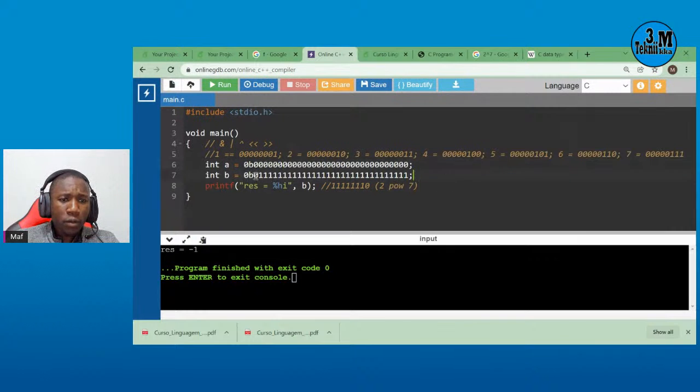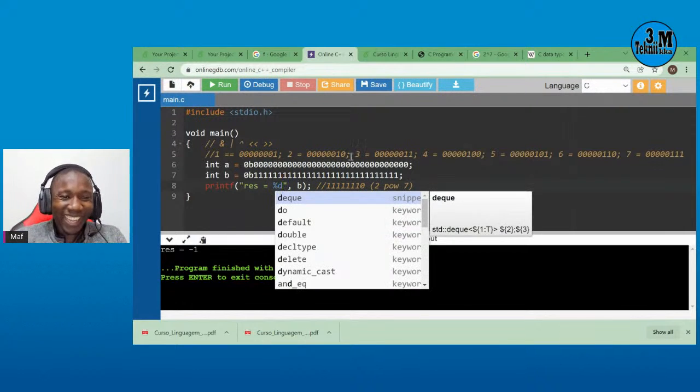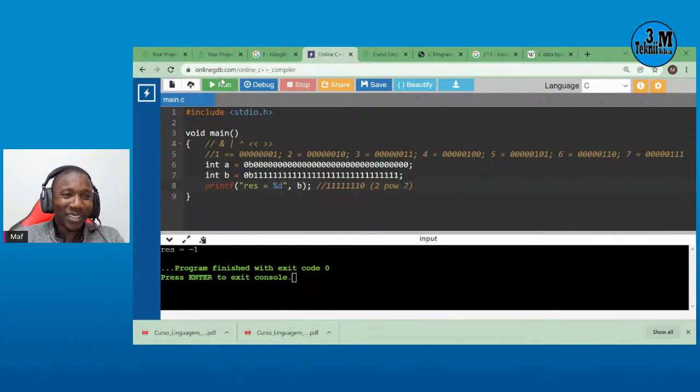Wait, what am I printing? b. Oh yeah, this is short. No, it's short, man. I'm sorry, that was short. Okay, that's fine now. One more.